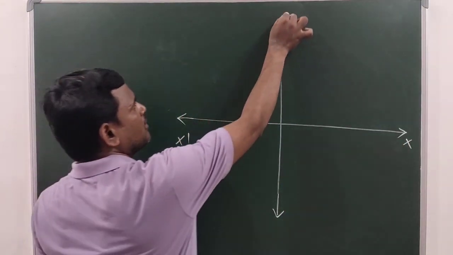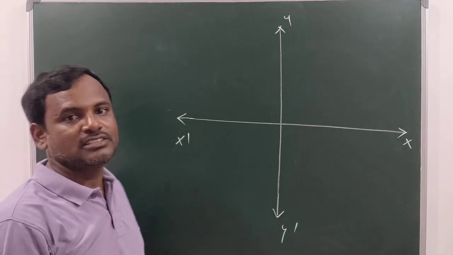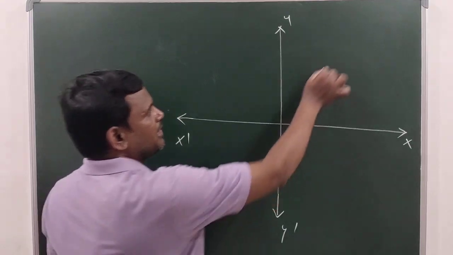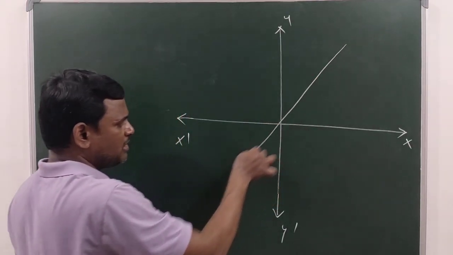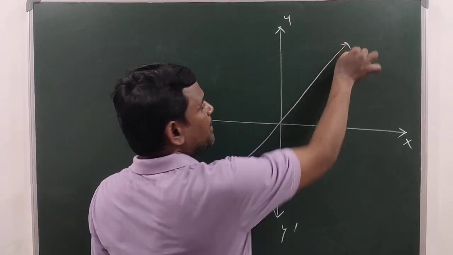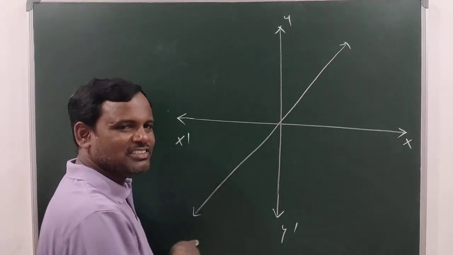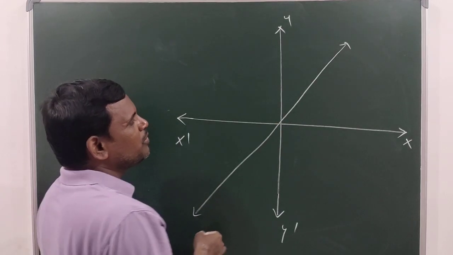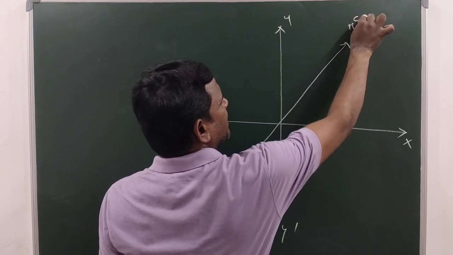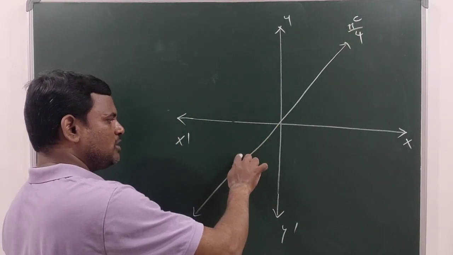X dash, y dash. For C minus S concept, draw the angular bisector for the first quadrant and third quadrant. So that is y equal to x line. Okay. Previous one, y equal to minus x line. This is y equal to x line. So, okay, which makes how much angle with the positive x-axis? Pi radians by 4.